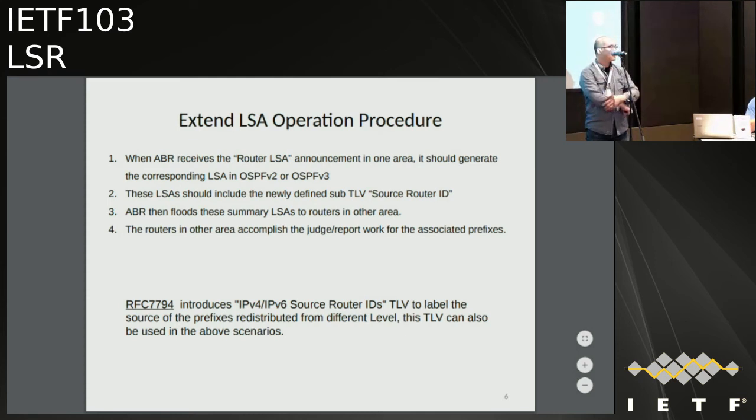Did the BGP-LS draft get adopted? Yeah, I think so. Okay, so now we have it in ISIS, it's been adopted in BGP. So I think we're going to look for adoption here as well.